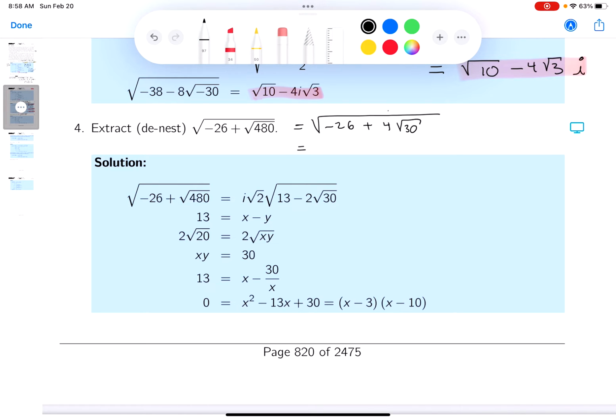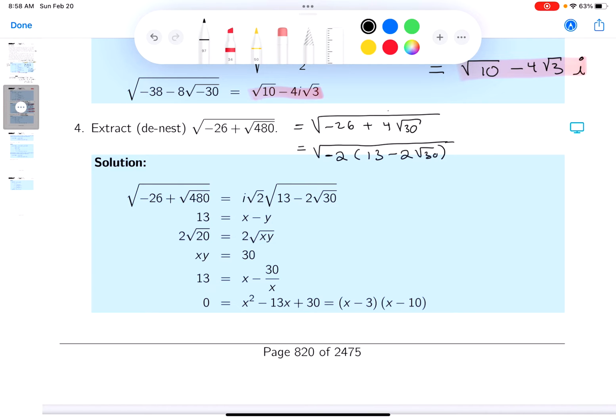Let's take a look. You're going to get, let's be careful about this, minus 2, and then I'm going to get 13 minus 2 root 30. All right? Before I go forward, I want to point out, I got to be careful.